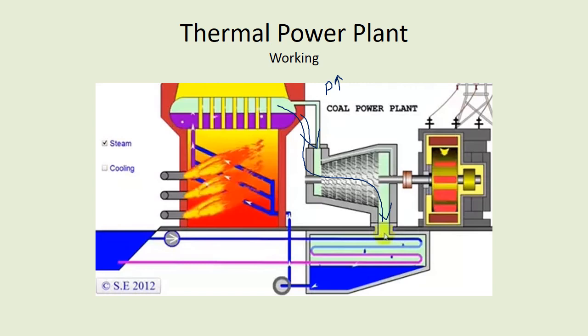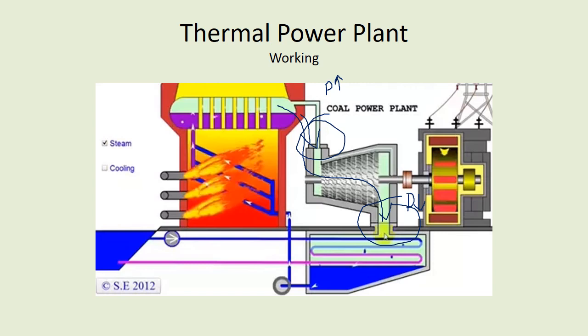So here the steam is at higher pressure, and for it to travel through the turbine, the condenser needs to create a zone of low pressure. Pressure should be low. This is the first major requirement for a condenser. It needs to create a low pressure zone at this level.